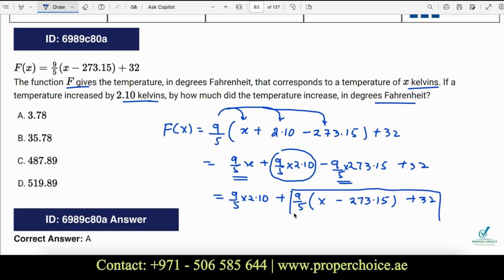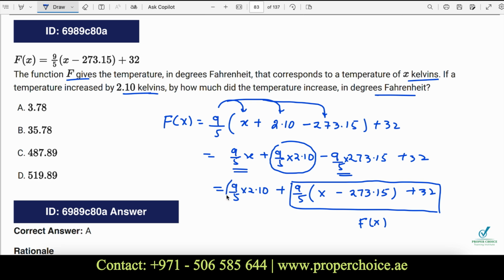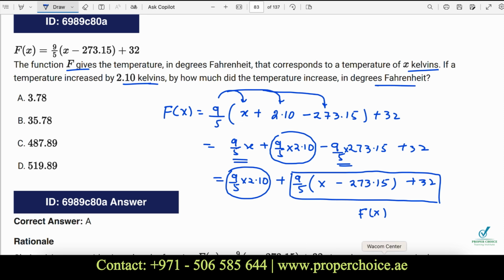What I can observe here is that this is representing the original function f of x. Now what is the increment then? This part represents the increment, which is 9 by 5 multiplied with 2.10, which gives us a value of 3.78.